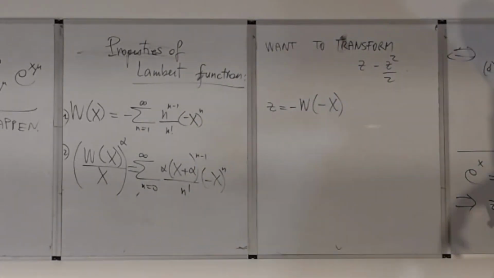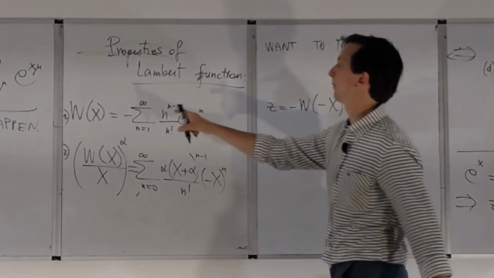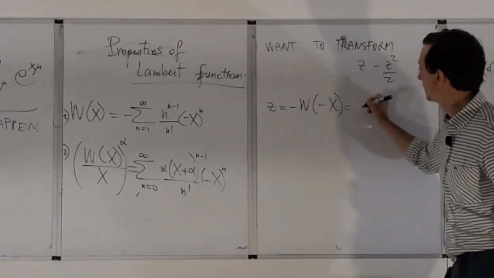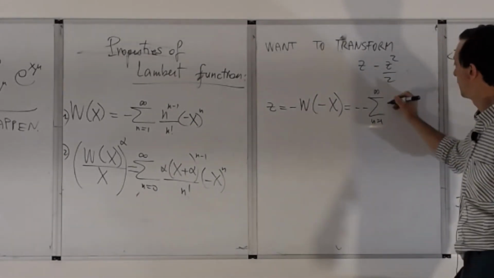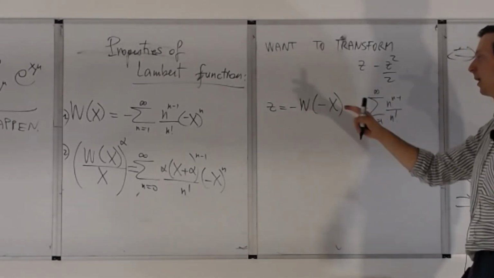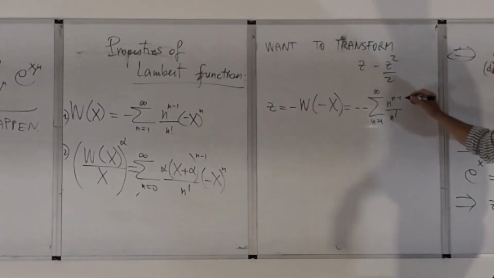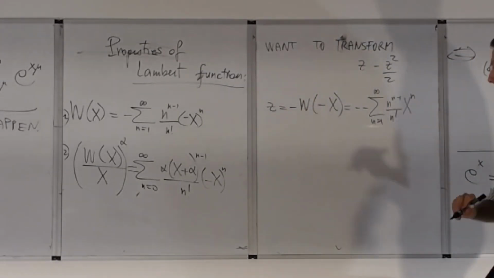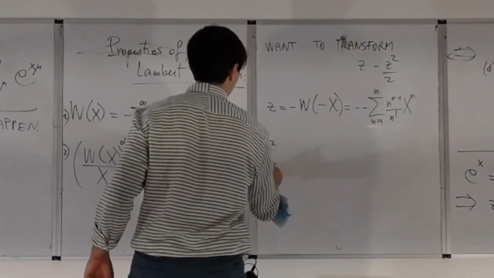Because we know that z is minus the Lambert function in minus the variable, and we know that the Lambert function has this expansion, so this guy is just minus minus the sum n from 1 to infinity of n to the power n minus 1 over n factorial. And in fact, we have to reverse the sign of the variable, so this is just going to be x to the power n.